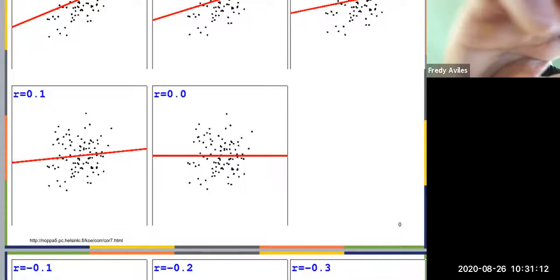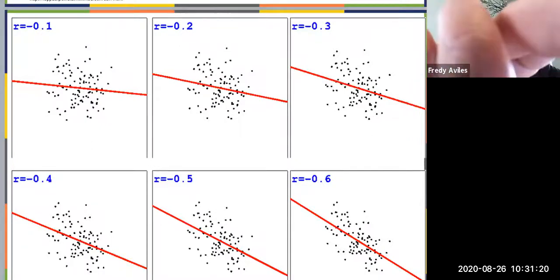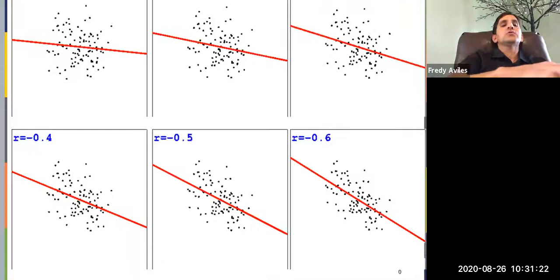Now let's go the other way. That's R equals -0.1, -0.2, -0.3. And you can see as we get closer and closer to -1, the points are more and more tightly clustered along that line. -0.4, -0.5, -0.6.